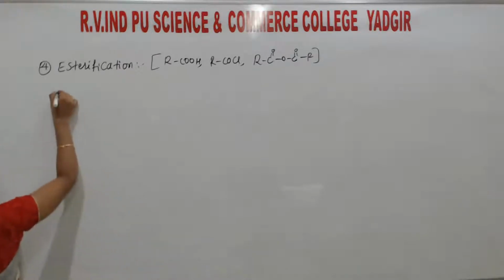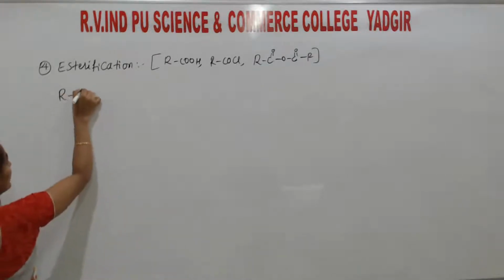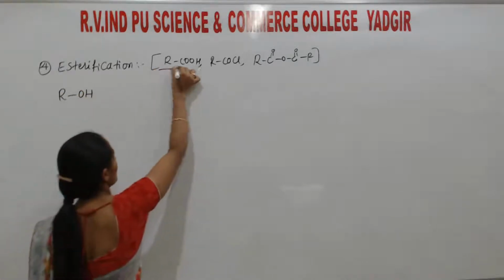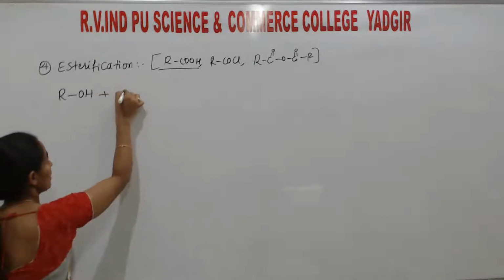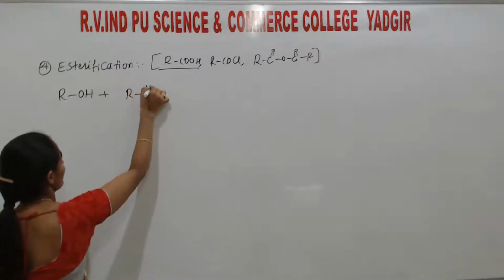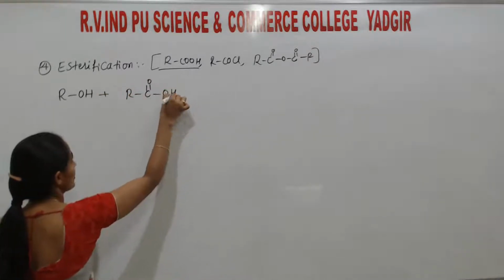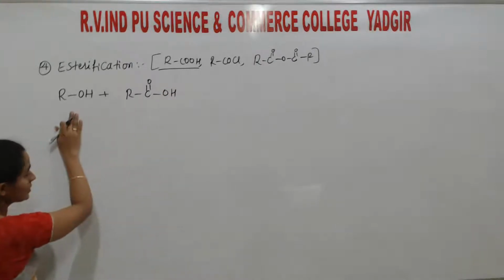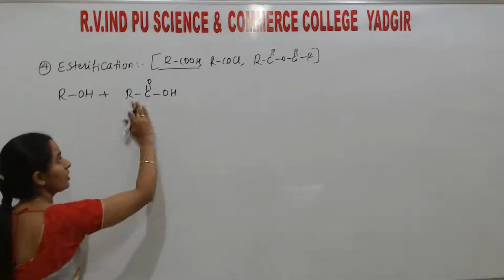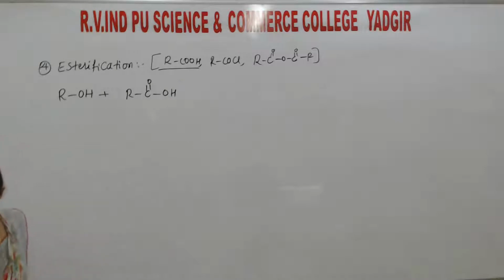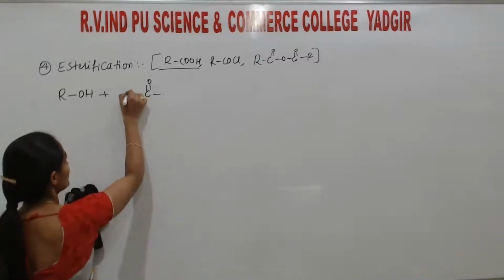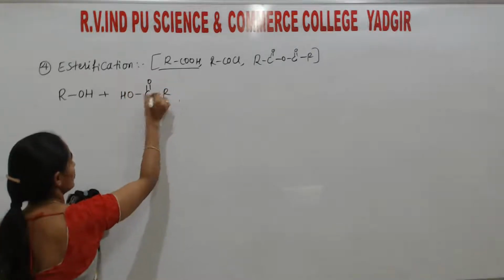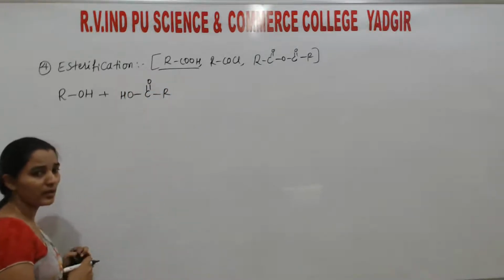Why? ROH is there. I'll take carboxylic acid as the reagent here, written as RC double bond OH. This is carboxylic acid, this is alcohol. Both are carboxylic acid and alcohol.